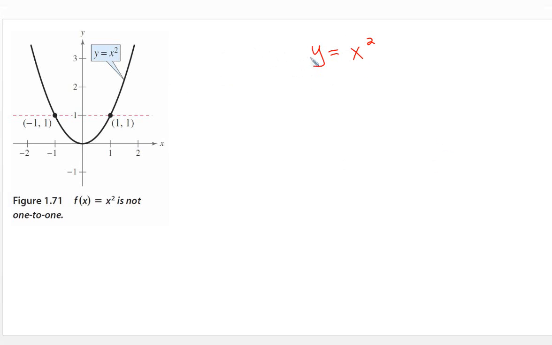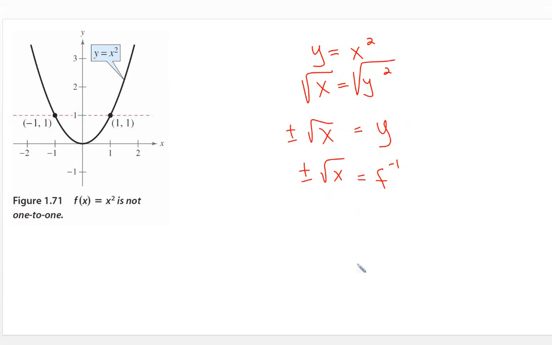I've replaced the f of x with y already. If I want to find the inverse, well, I just switch the x and the y. And then to get y by itself, we're just going to square root both sides. I don't need that plus minus now. And then the inverse is going to be plus or minus square root x.